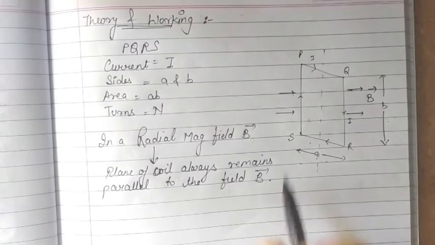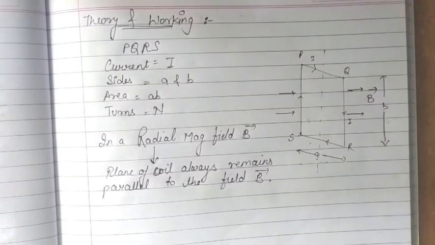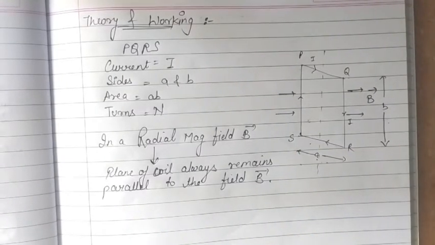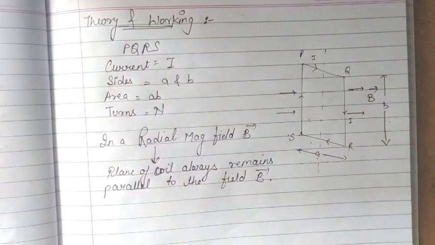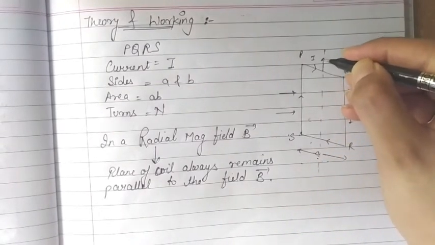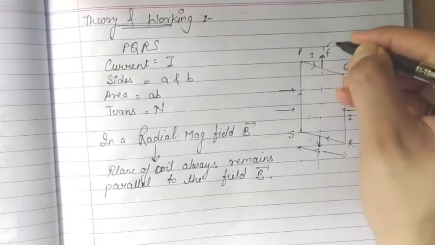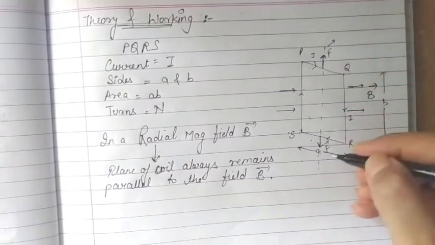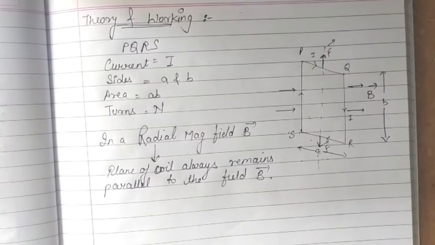Now if we talk about the sides PQ and RS and apply Fleming's left hand rule, we find that on PQ and RS there are equal, opposite and collinear forces, as we studied in the previous video. That's why these two forces cancel out each other and their resultant is 0.